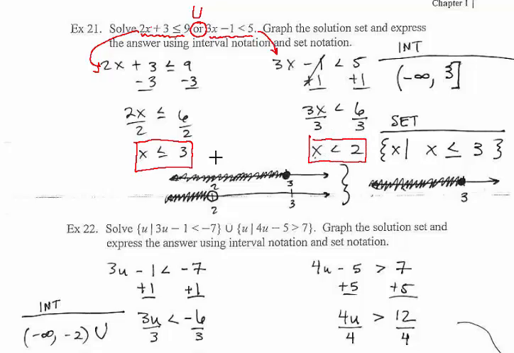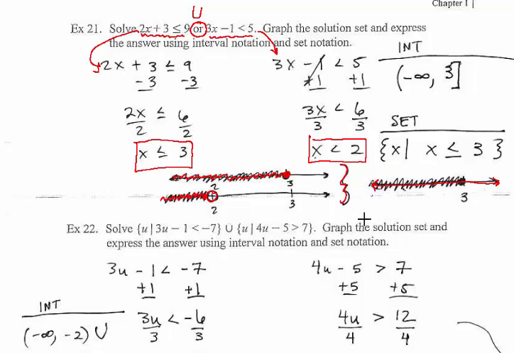Then we took the second one, 3x minus 1 less than 5, and we whittled it down to an x less than 2. So, for x less than or equal to 3, we have this top number line shaded to the left, and for x less than 2, we have this bottom one, open dot at 2, shade to the left. Well, we want to include in the final answer over to the side anything that is shaded.